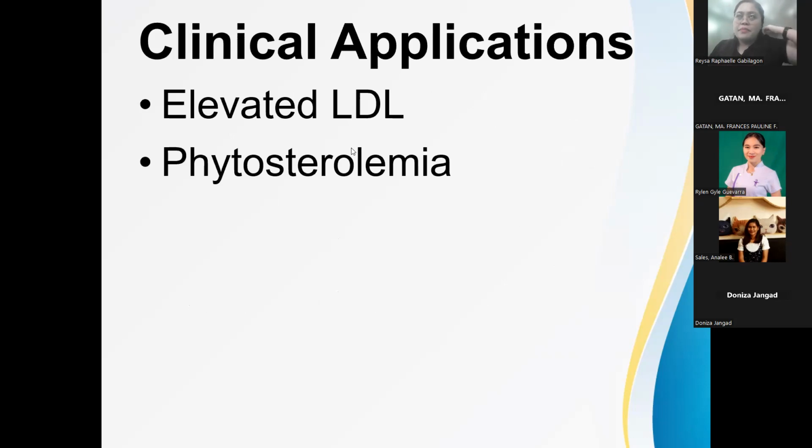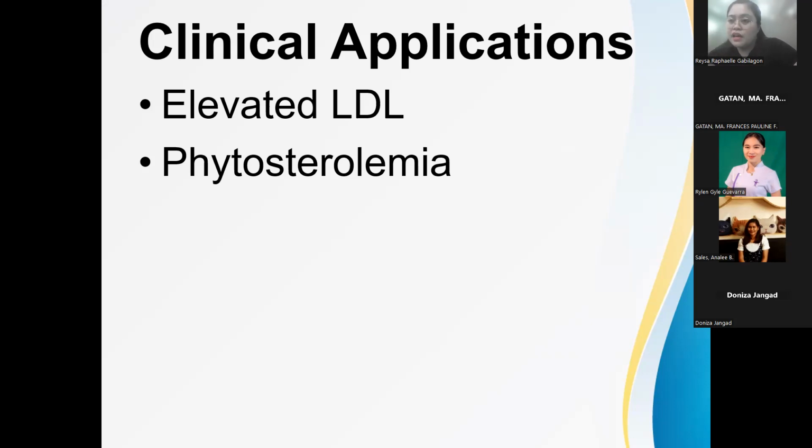So, kailan natin gagamitin si ezetimibe? Kapag may hypercholesterolemia, like tataas yung LDL ng ating patient. And yung sa mga persons experiencing phytosterolemia, yung pataas naman sa kanila, yung phytosterol na galing sa kinain nilang mga plants. Yung mga vegetarian natin, no? Hindi din sila makakaligtas dito. Pero magkaiba yung cholesterol and phytosterol.